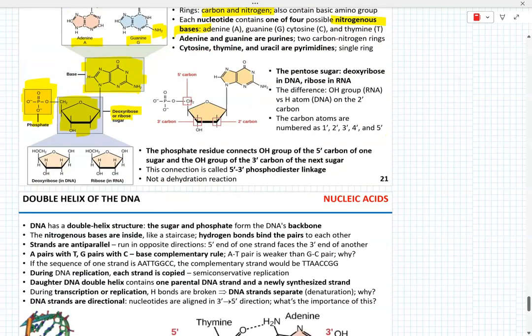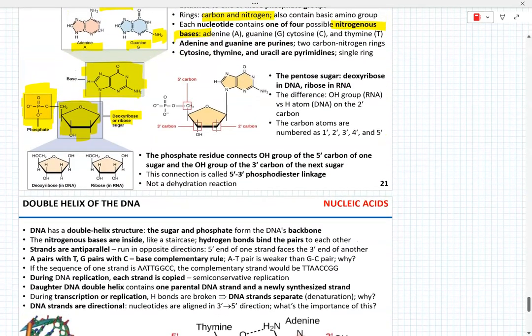A pentose sugar that can be found in nucleic acids can be either deoxyribose if it's DNA or ribose if it's RNA. The difference is that in ribose, there's a hydroxyl group at the 2' carbon, while in DNA, instead of a hydroxyl group at the 2' carbon, there is a hydrogen atom.